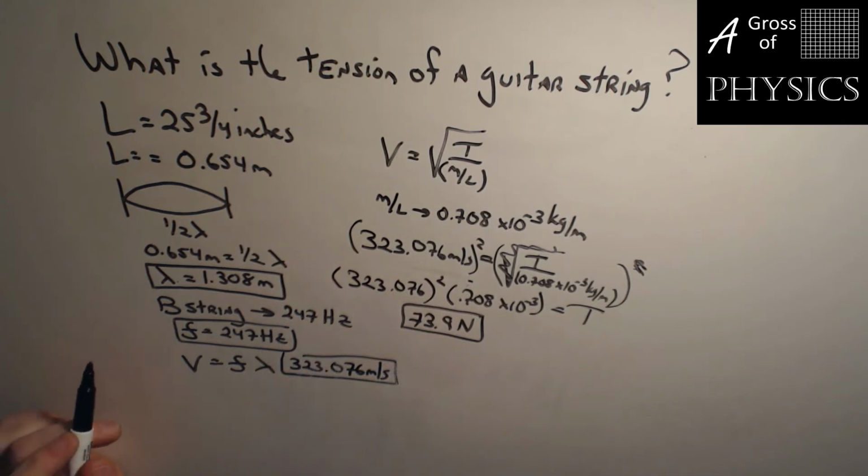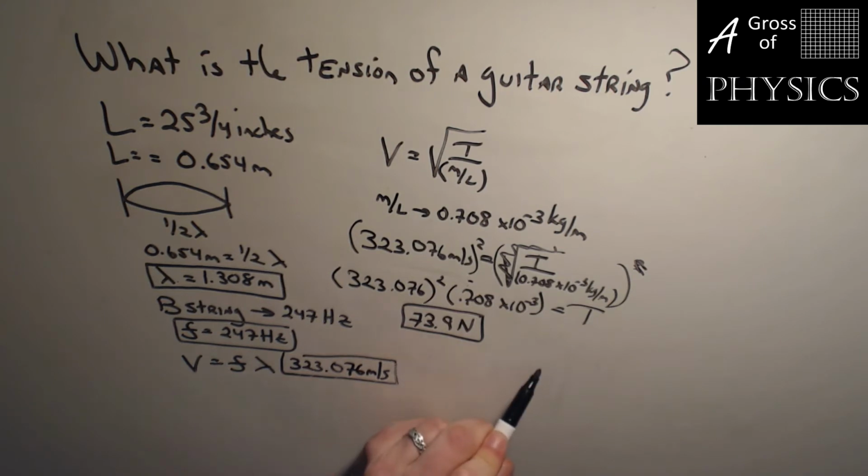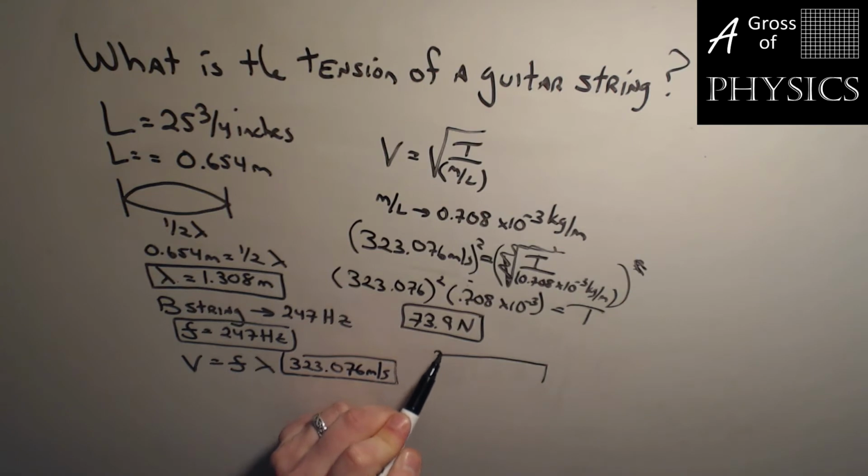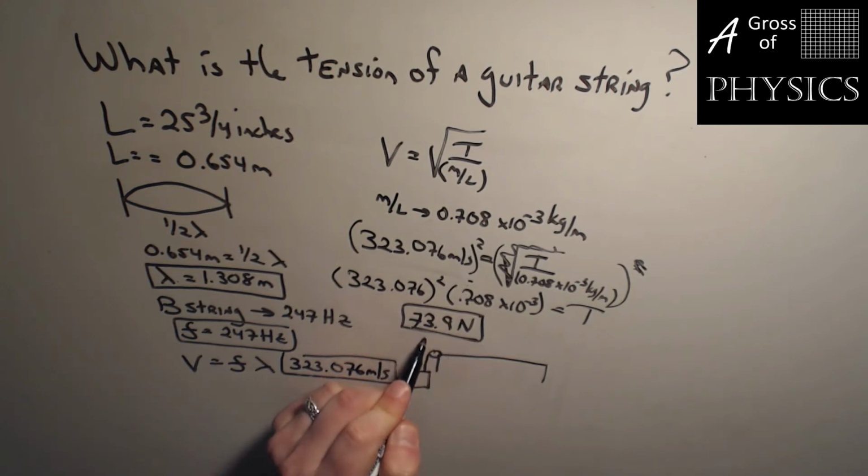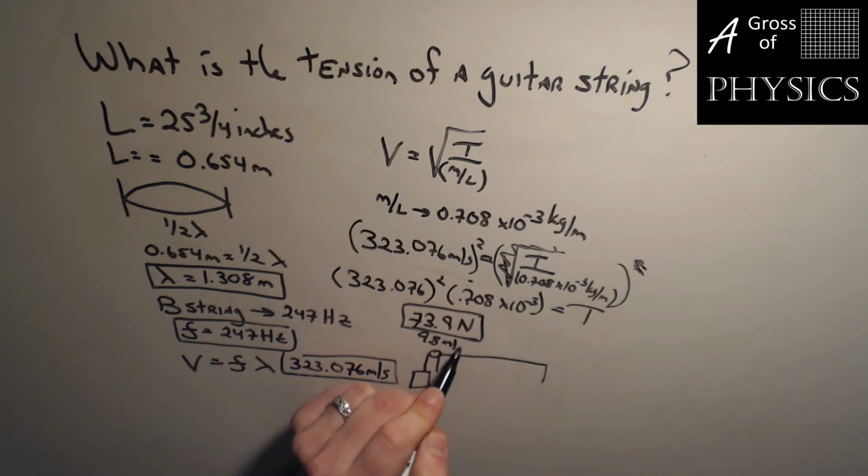A lot of times these are listed as kilograms, because I can actually set up the same string, have a pulley, and hang a mass on the end and see if I can simulate the same note using just mass. So I would take that number and divide by the acceleration of gravity, 9.8.